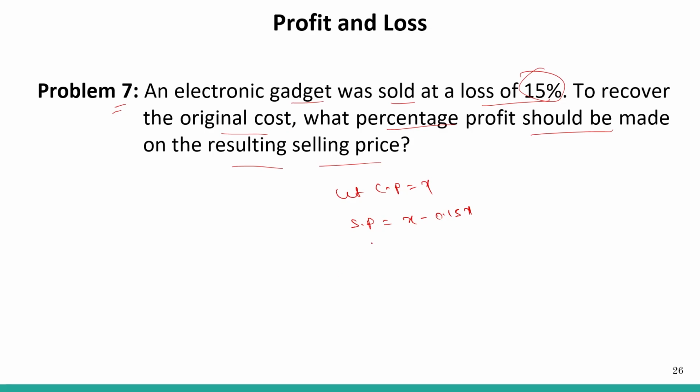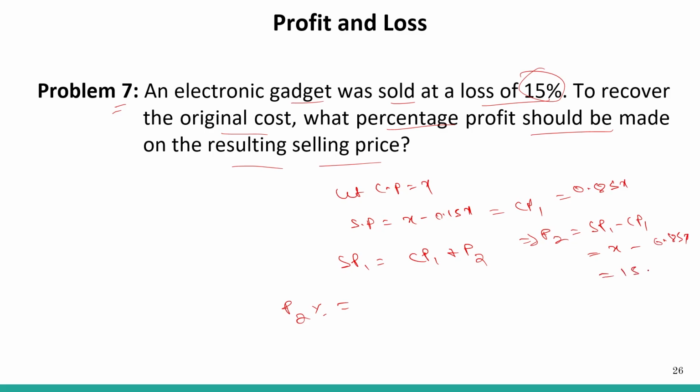So this is the new CP, CP1, right? So SP1 is equal to CP1 plus P2, that is profit number 2. So profit percentage P2 is equal to P2 by CP1 into 100. This implies that P2 is equal to the original cost X minus SP1, where SP1 is 0.85x.